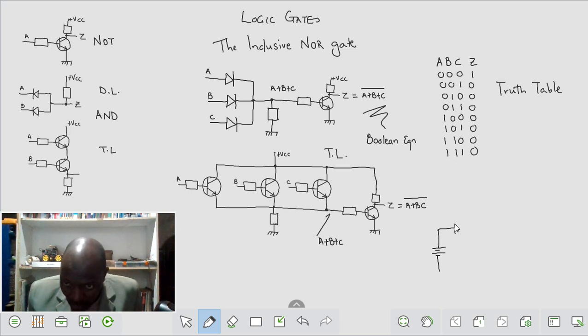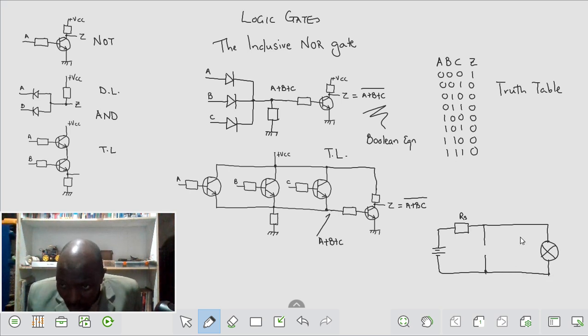So if we are parallel to the load, we expose our source to the possibility of what? Of a short. So what we have here is 3 parallel switches. One would have been a NOT. As it is, this is a NOT. This is how our switch circuit for the NOT looked like.